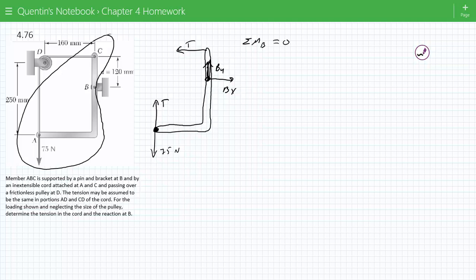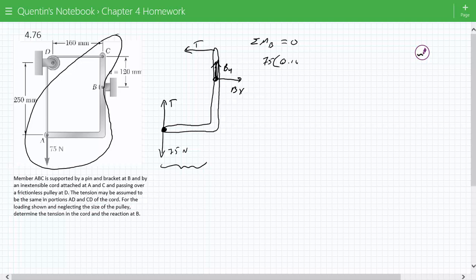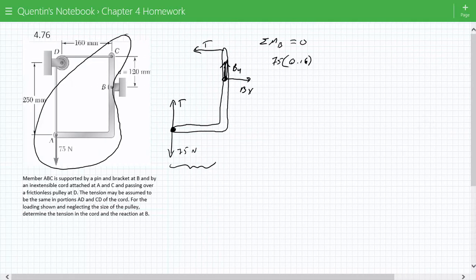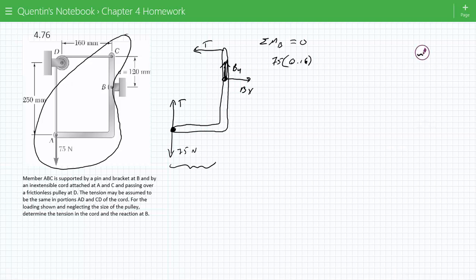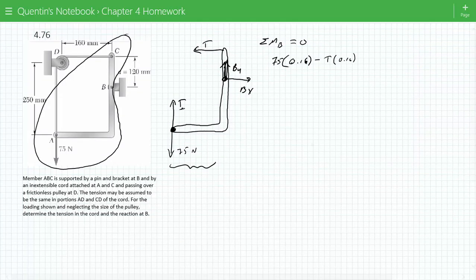So what do we have? We have the 75 times this distance right here, which is 0.16. And then it's going to be minus that tension right there, this tension here, times the same distance, which is 0.16, right?